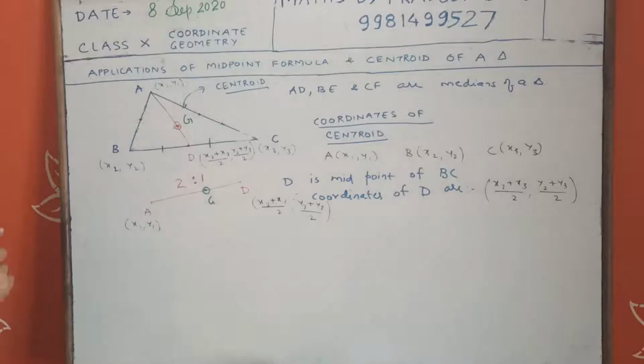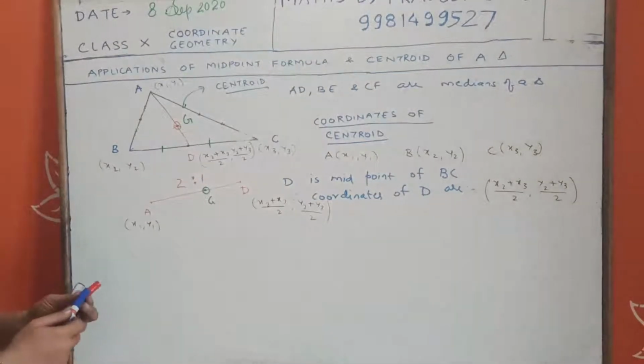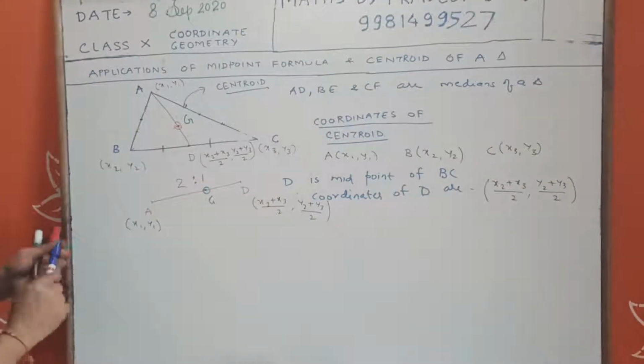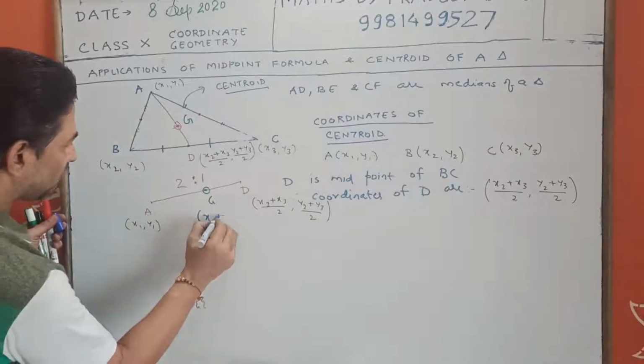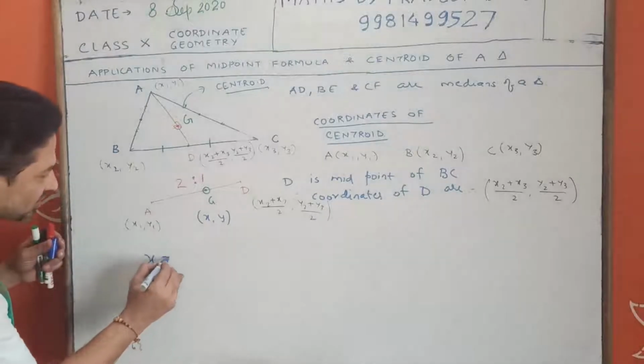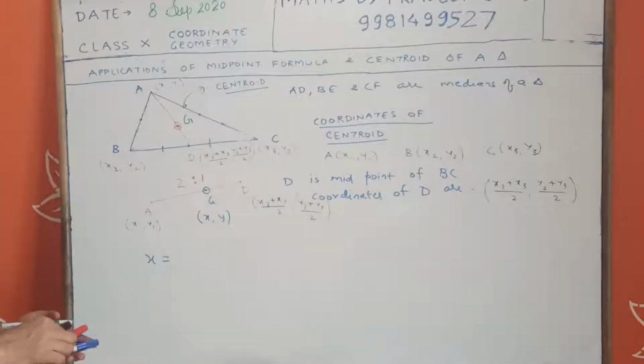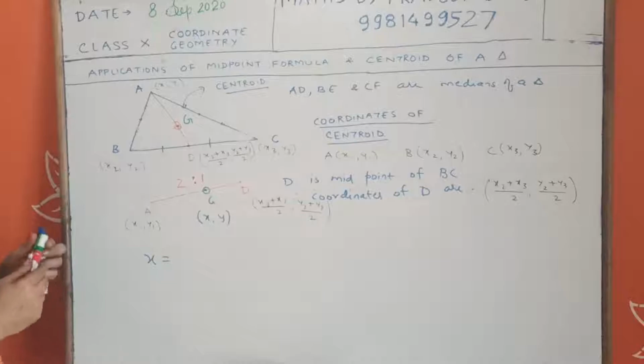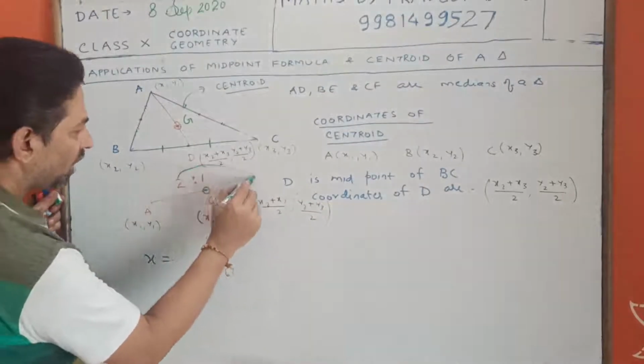So let's apply the section formula to find out the coordinates of G, that is x comma y. So here we get x is equal to, the formula you remember, m1 x2 plus m2 x1 upon m1 plus m2.